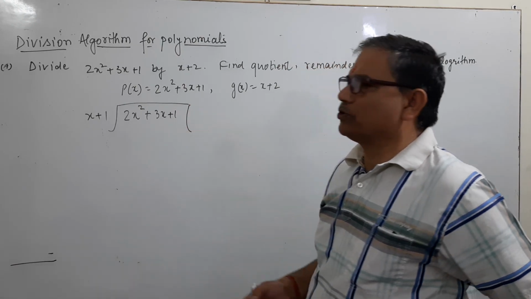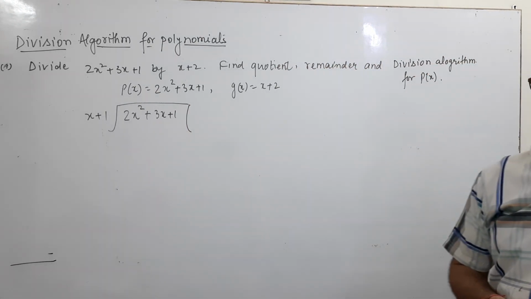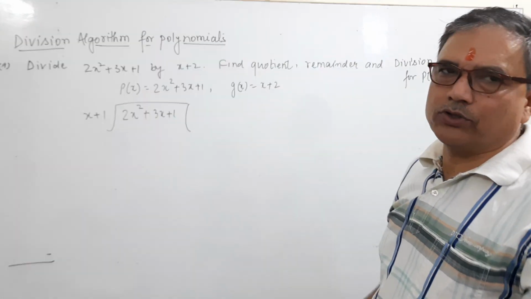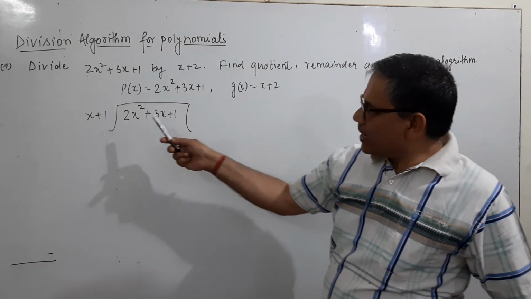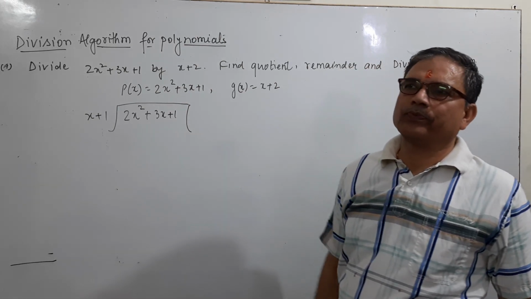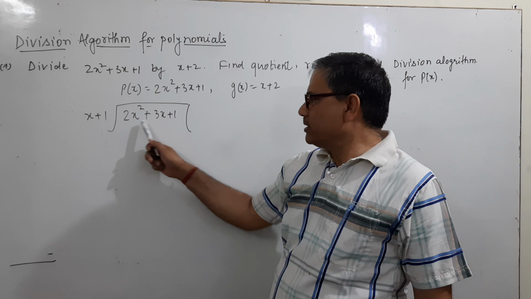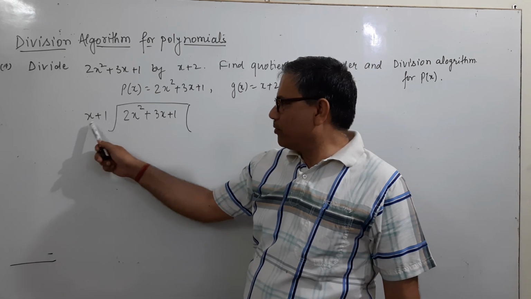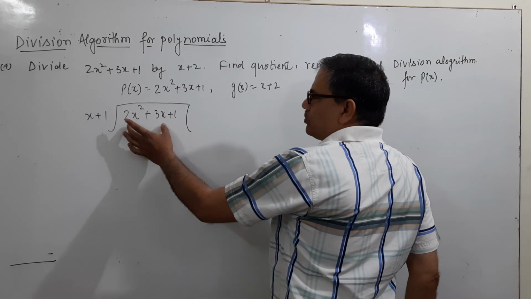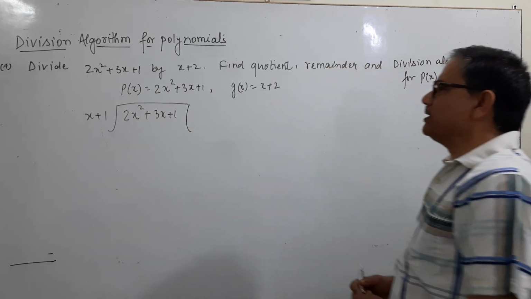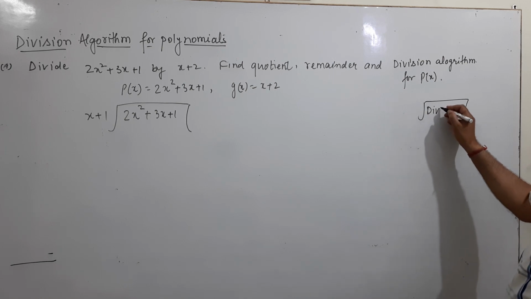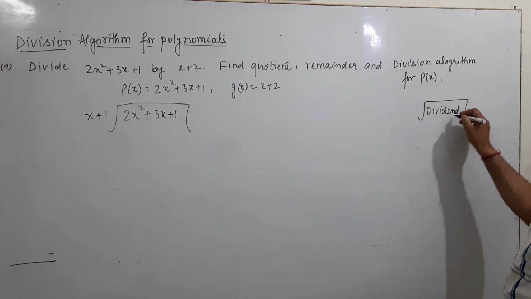Before dividing px by gx, we have to arrange the polynomial in standard form. This is standard form, and this px is known as the dividend.